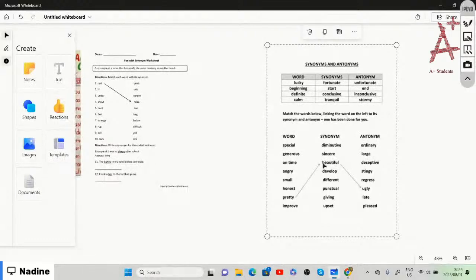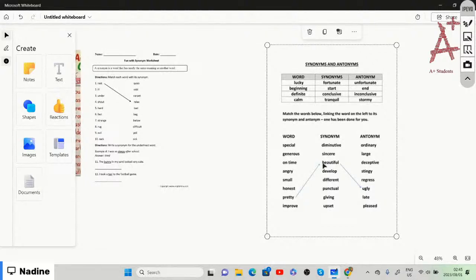But the opposite of beautiful is ugly. So if something is not beautiful, it is ugly. And that is not just only in appearance, it can also be in personality, right?